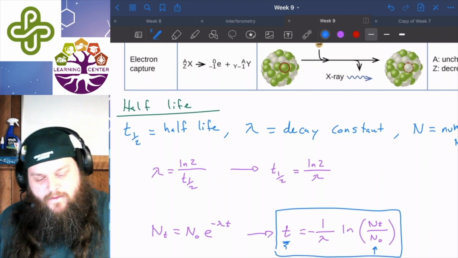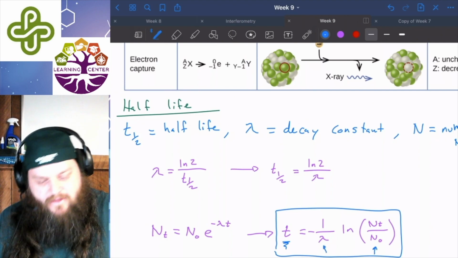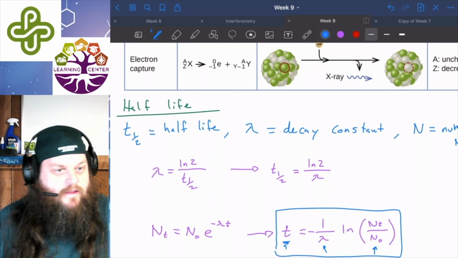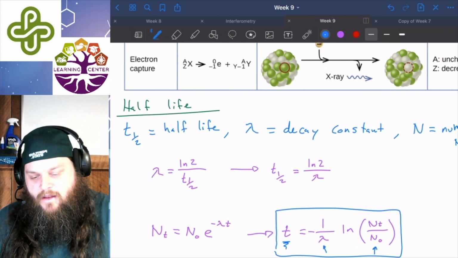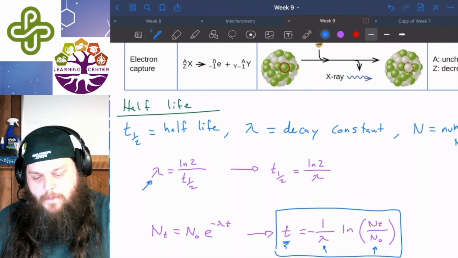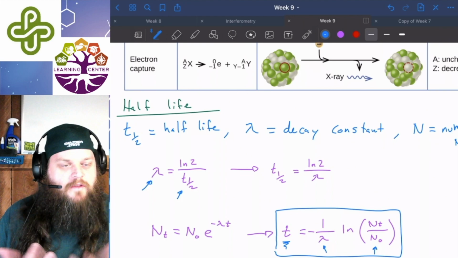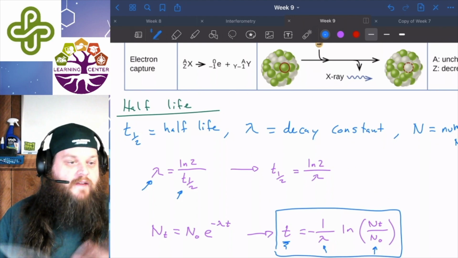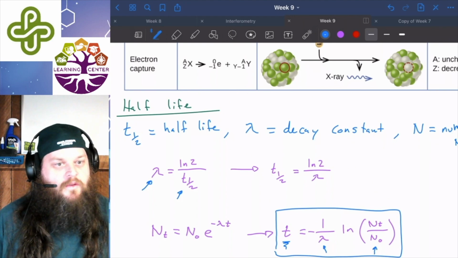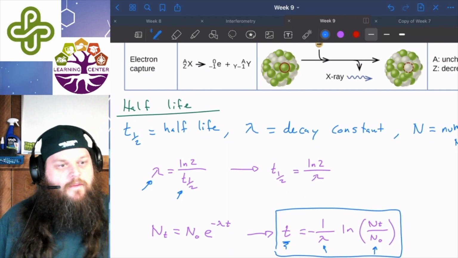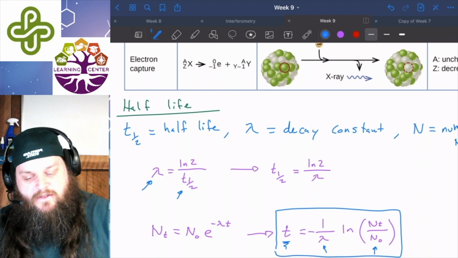So I need to figure out what is my decay constant. And they didn't give us that in the problem, but I can solve that knowing the half-life. So I can use those 2 equations now because I have 2 unknown variables. I don't know the decay constant, and I don't know the time it would take to decrease to that point. But I can use these 2 system of equations to solve for those.